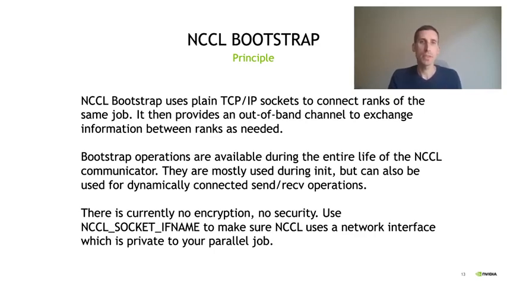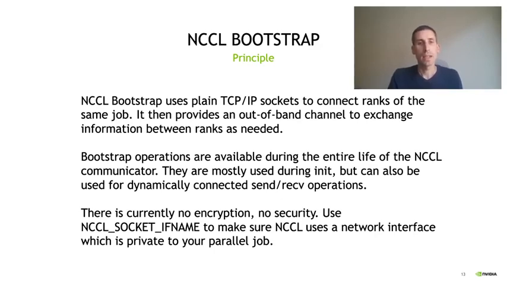And since, for example, for send-receive communication, we do not pre-connect all ranks to all ranks, that will be done dynamically when there is a send or receive operation that is called, then we will connect those two ranks together. It also means that NCCL needs to be able to open sockets and connect to other sockets during the life of the NCCL communicator. And it is not a secure protocol. There is no security, no encryption, nothing like that.